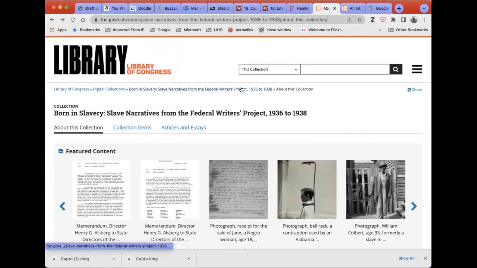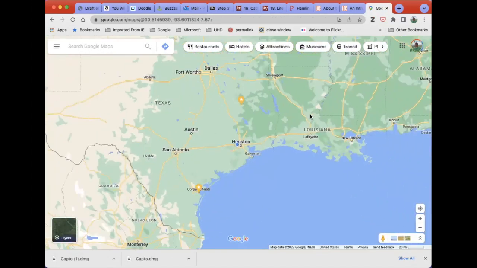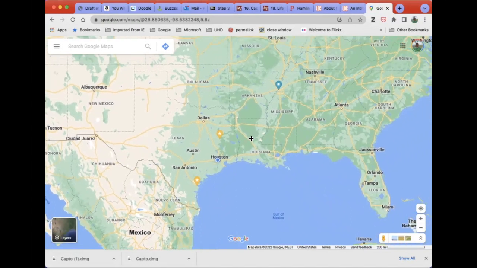And so Congress decided to hire out-of-work writers and employ them with the job of going out across the 11 southern states of the Confederacy to find former slaves and interview them.